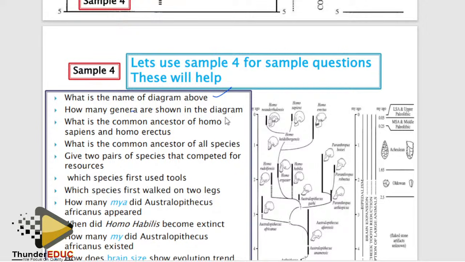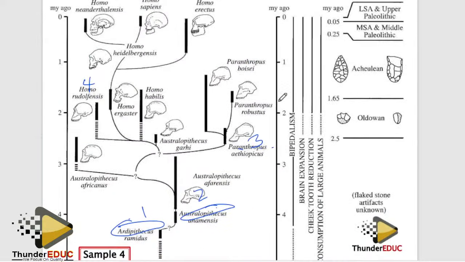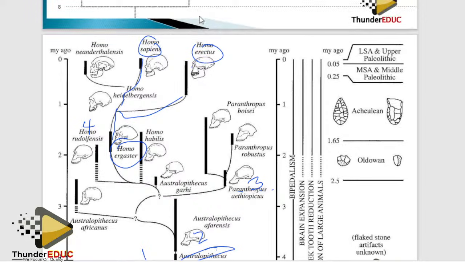So we are done with the genera. What is the common ancestor of Homo sapiens and Homo erectus? So you move back until where they join, Homo ergaster. So Homo ergaster is the common ancestor of Homo sapiens and Homo erectus.